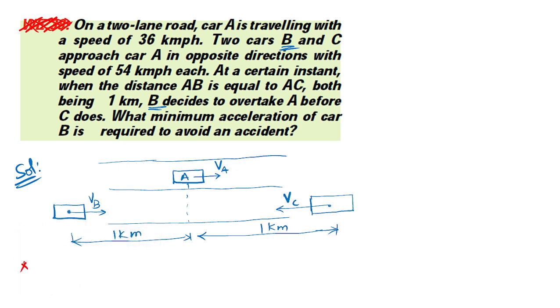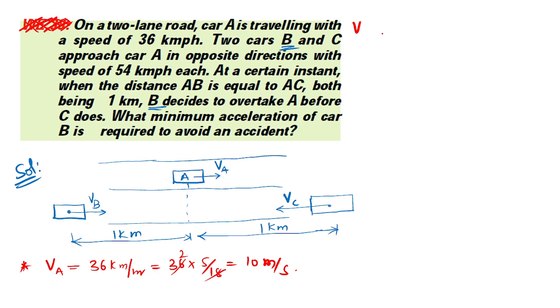What is the first one? Velocity of A, VA, is how much? It is 36 kilometers per hour, right? Then it will be written as 36 into 5 by 18. Do along with me. Meter per second.